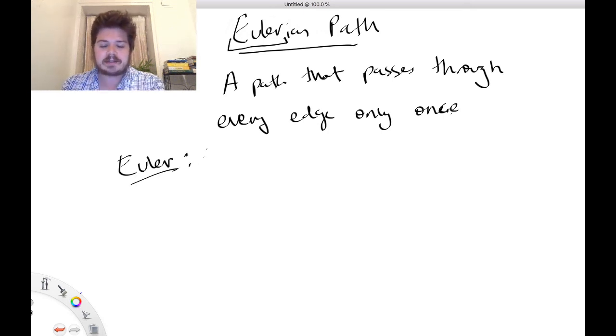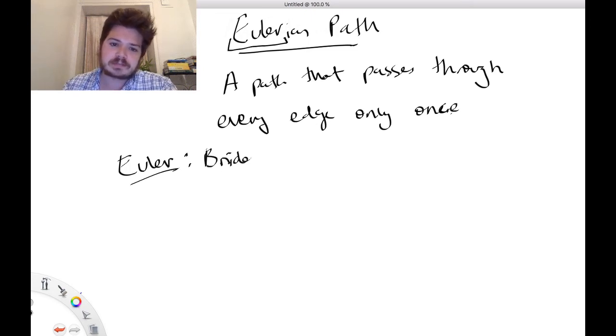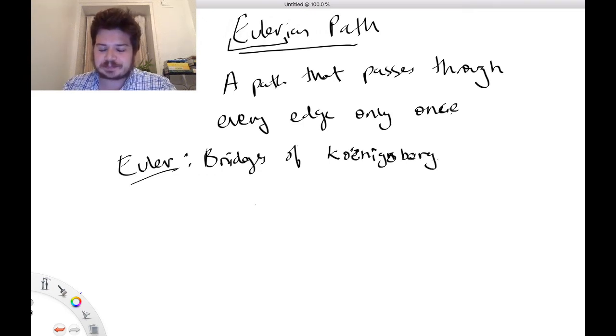And the first big question that Euler had, which really developed graph theory, was the bridges of Königsberg. I'm probably spelling and saying this wrong, but Königsberg, something like that, is a town in Germany.